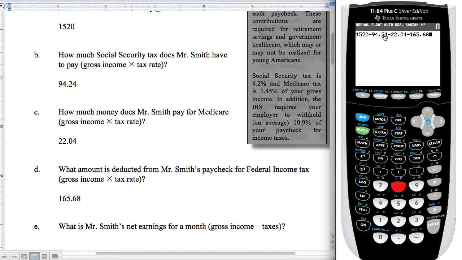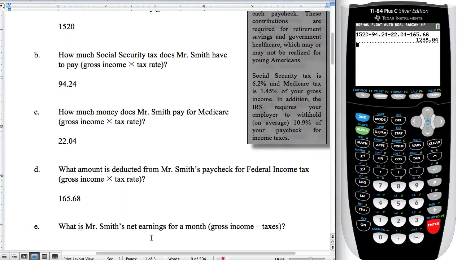That is your Social Security, Medicare, and federal income tax that we calculated. We're going to go ahead and press enter, and that gives us our total net earnings after taxes, $1,238.04.